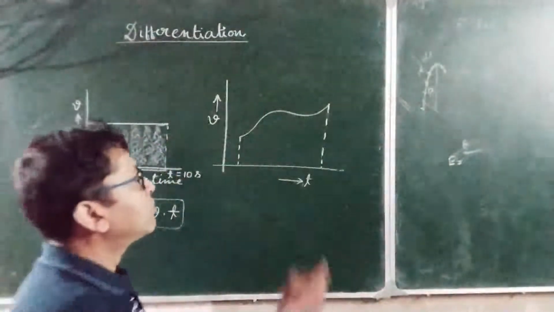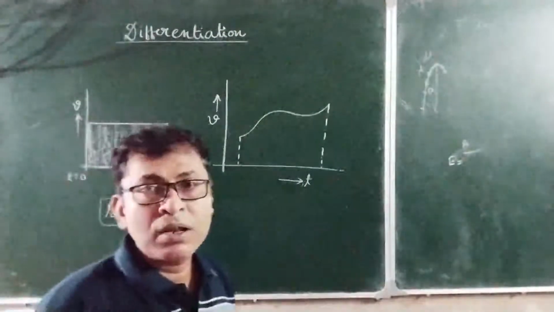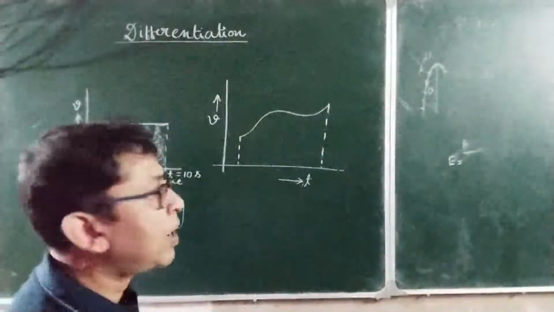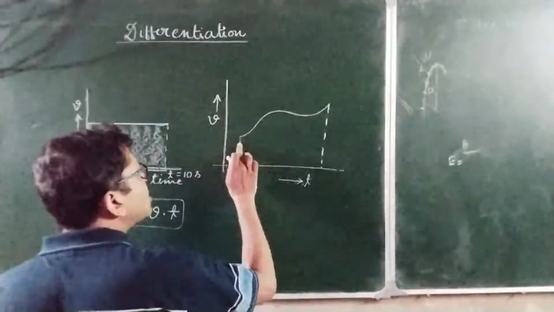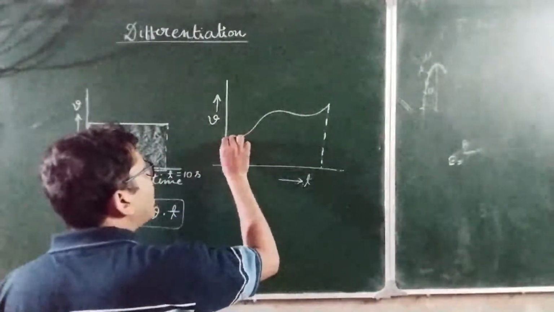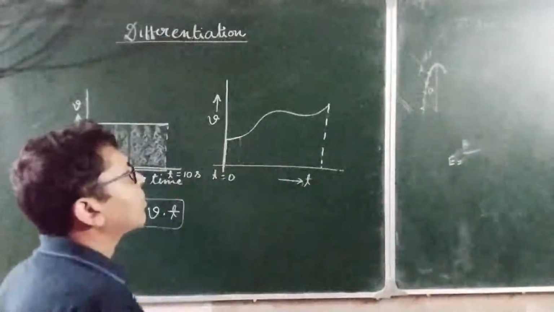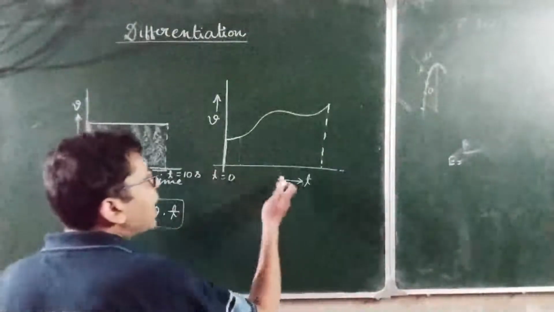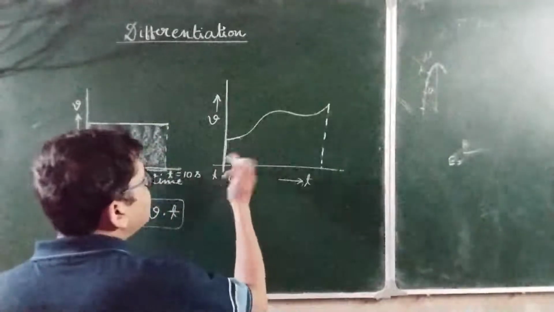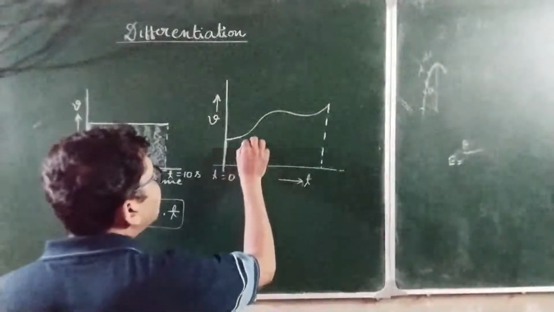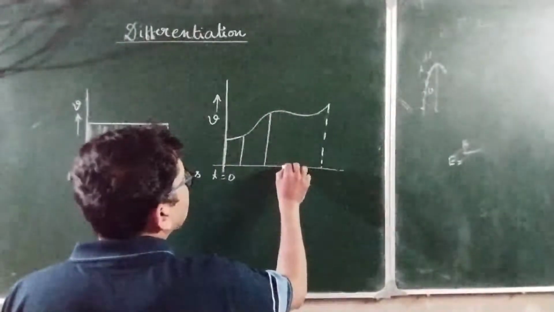But what about this graph? A particle may travel with non-uniform velocity like this. Suppose this also starts with time 0. Now, in the course of time, as time changes, the velocity at different points of time is different.